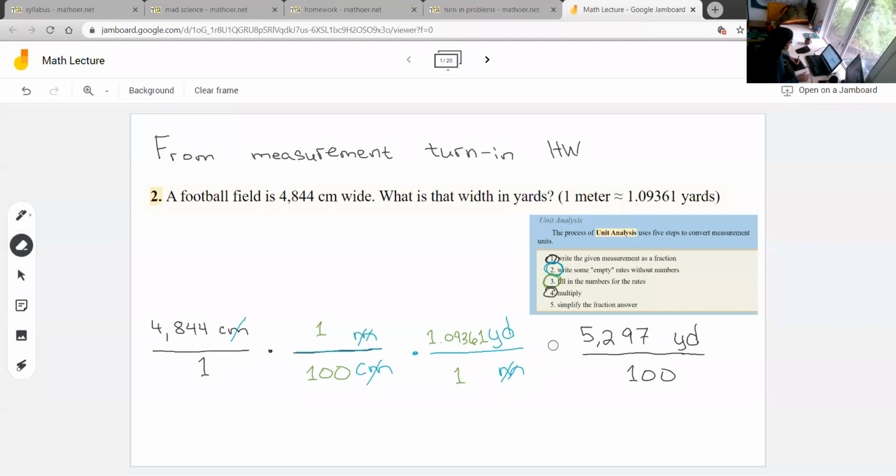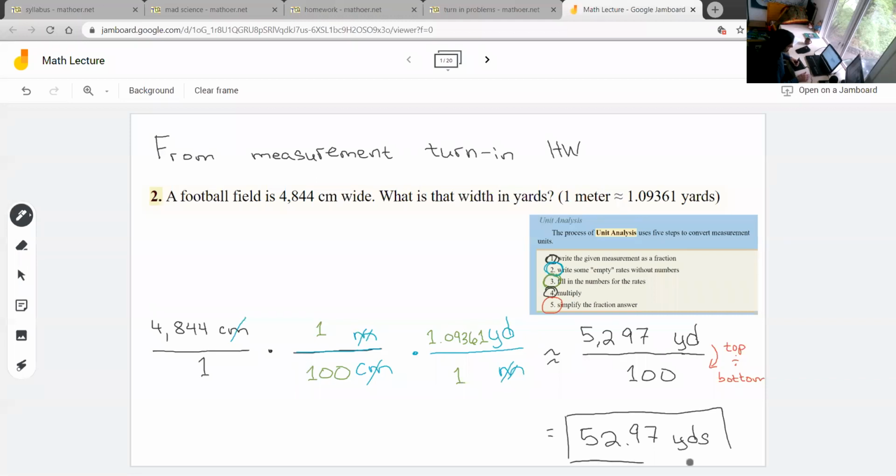That's rounding. We turn a fraction into a plain number with top divided by bottom. We should probably round that to 53, huh? I am guessing that football fields actually are a whole number of yards.